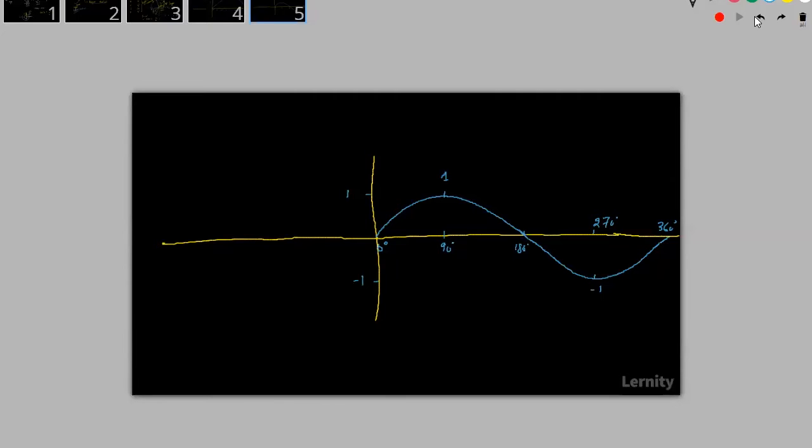Now think about it, it's a wave. So if this is correct, this can be copied and pasted. When I copy and paste this on this side also, it will again become like this, something like this.